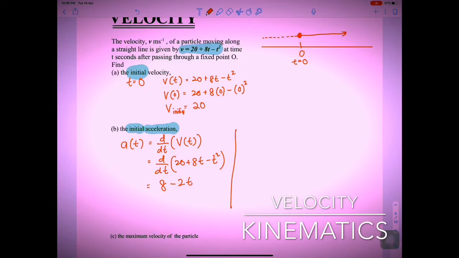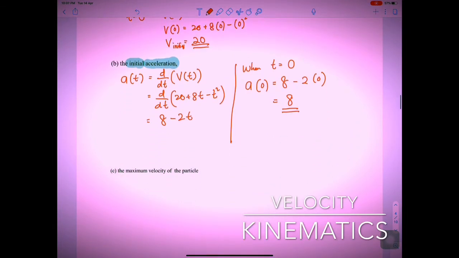Then when t equals 0, a(0) equals 8 minus 2 times 0, so equals 8. This is the answer for B.